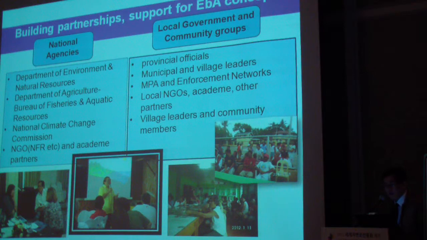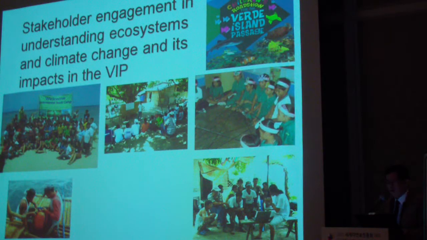We work with the national agencies, and of course we work with the local governments and community groups. We have a mayor who is very, very supportive of our initiative. We work with local communities, local NGOs, academia, and partners, and of course village leaders and community members. Okay, so some pictures of stakeholder engagement and health.